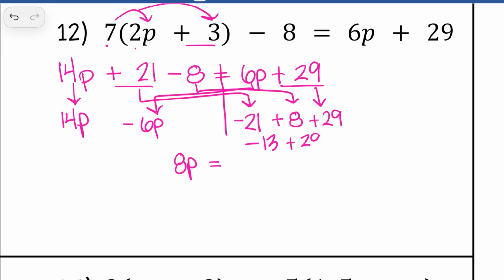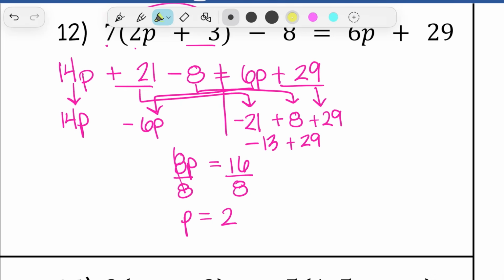And then you have to do plus 29. Negative 13 plus 29 is going to give me positive 16. So we're left with 8p equals 16. Divide both sides by 8. 16 divided by 8 is 2. So I'm left with p equals 2.